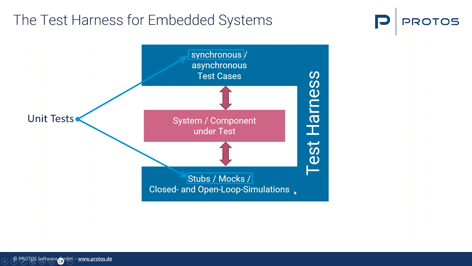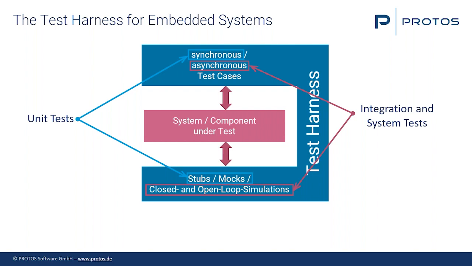And a unit test usually is a synchronous test, so step by step, it blocks the execution, waits for the return, and so on. The problem is, in case of an integration test or a system test, you need asynchronous test cases. Because you have a highly concurrent system, you need asynchronous and highly concurrent test cases. And at the other end, to satisfy the interfaces, it's not sufficient just to have stub functions or mock functions that just return predefined values or something like that.